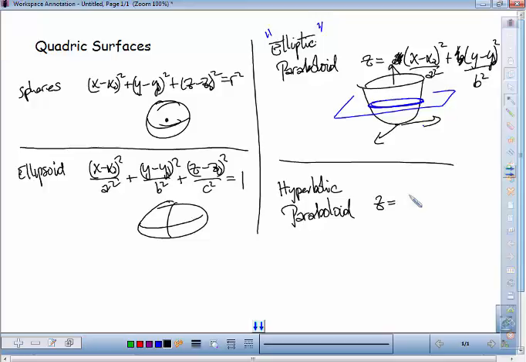So there might be a different minus sign somewhere, or the form might look slightly different, but it's the same idea. What is going to be important for you is to be able to look at a random equation and tell what kind of surface you should expect from that.